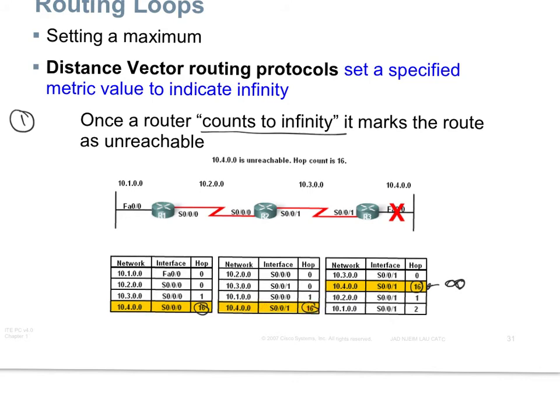Even though the metric is higher, at least at the beginning, I have to accept it. So this infinity will eventually go here and here, right? So this will be good.